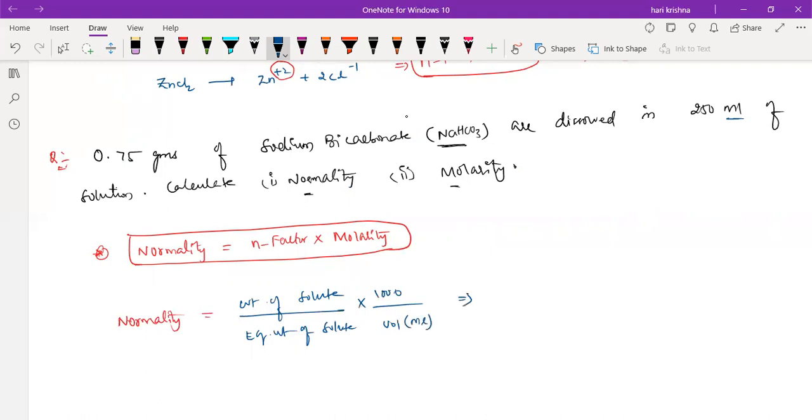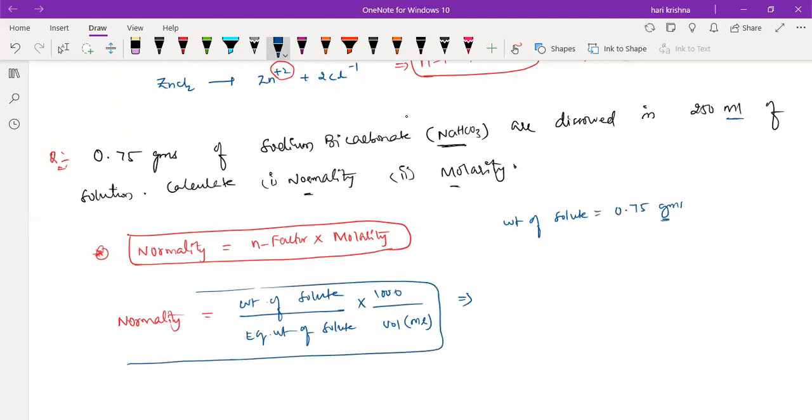We already know the weight of the solute is 0.75 grams. We only have to find the equivalent weight, which is equal to molecular weight by n factor.